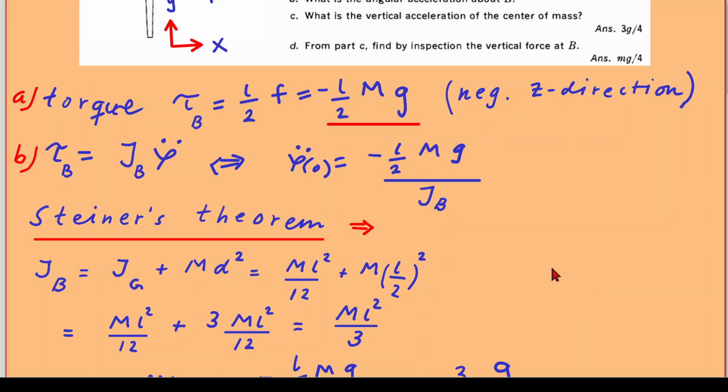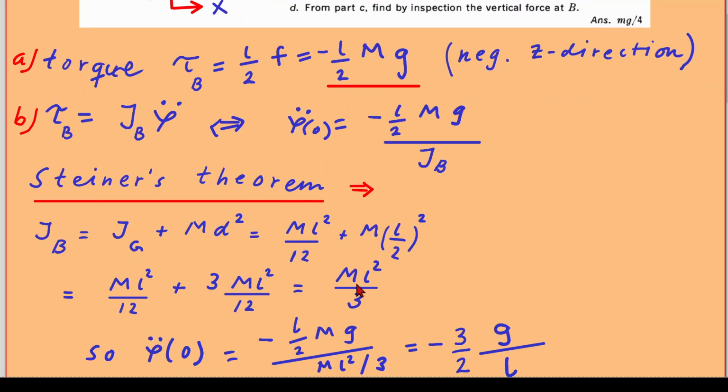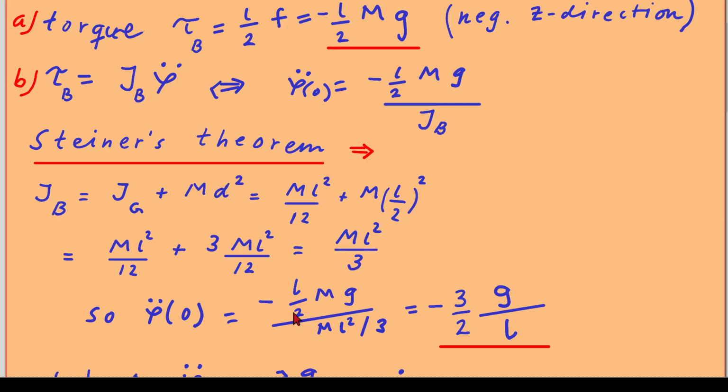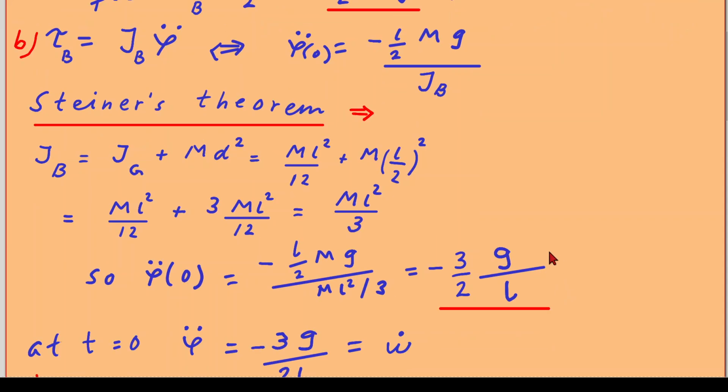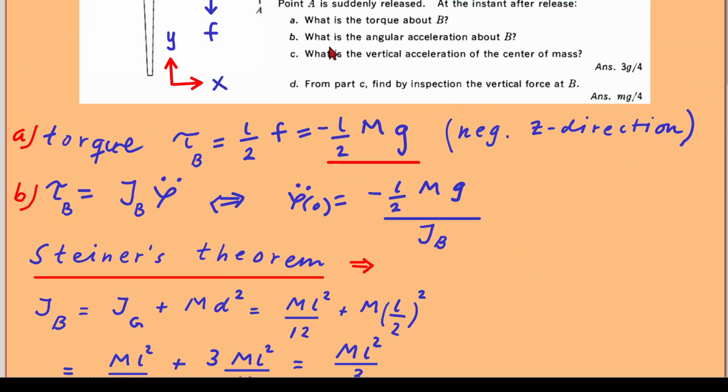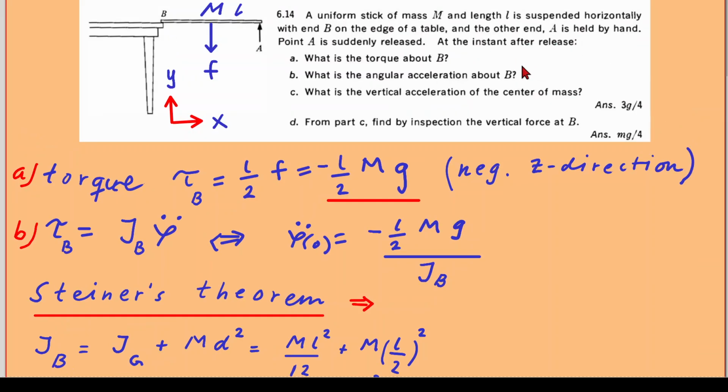So therefore we can calculate this relatively easily. Here is the first moment of inertia, and here is md squared, but d is L half. So we will get this ml squared over 3. And we can now insert that in this equation here. And now you have the answer, angular acceleration.